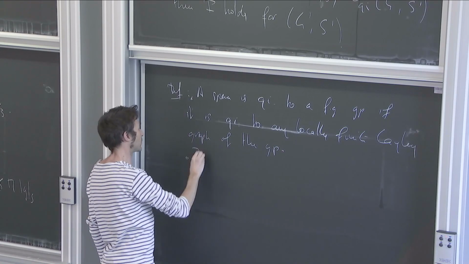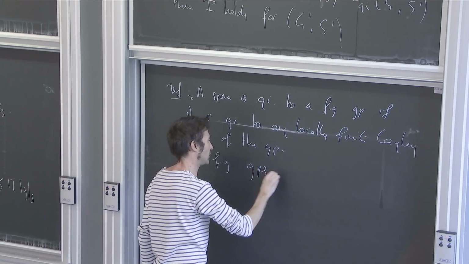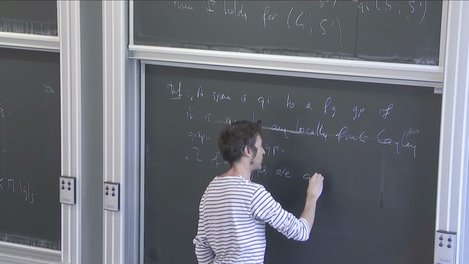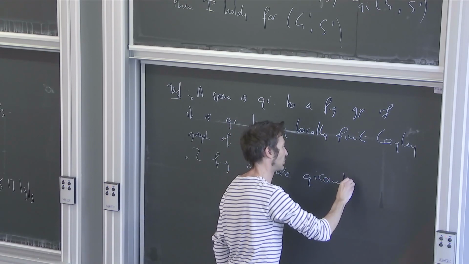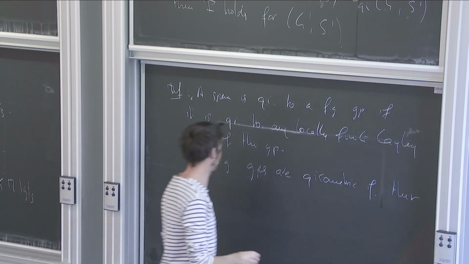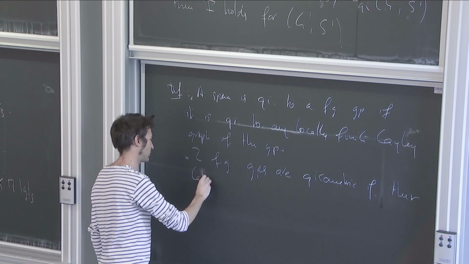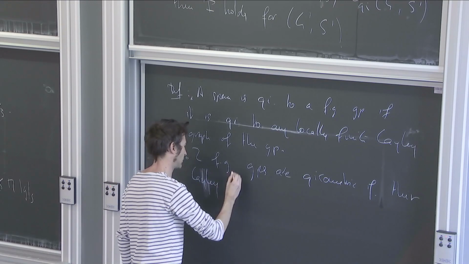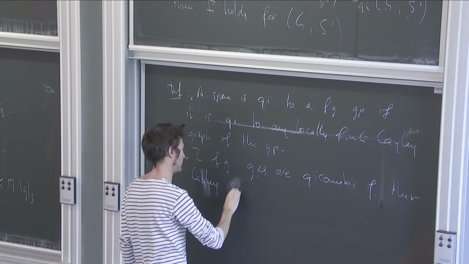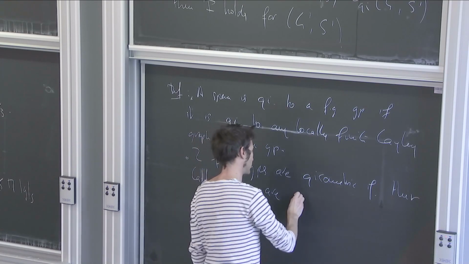And two finitely generated groups are quasi-isometric if their locally finite Cayley graphs are quasi-isometric.